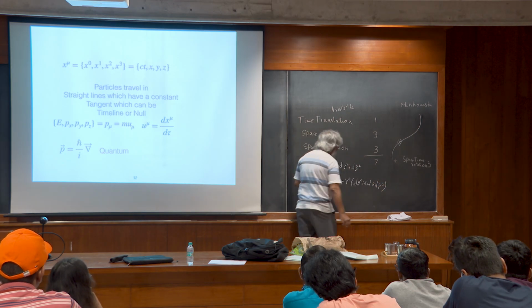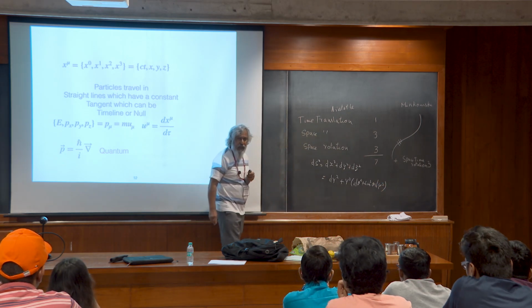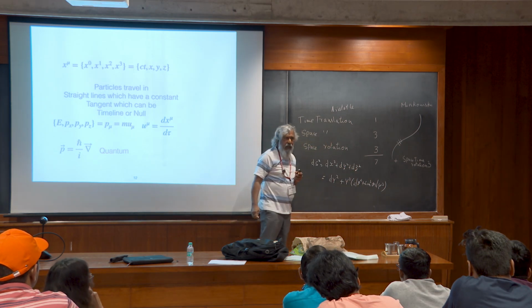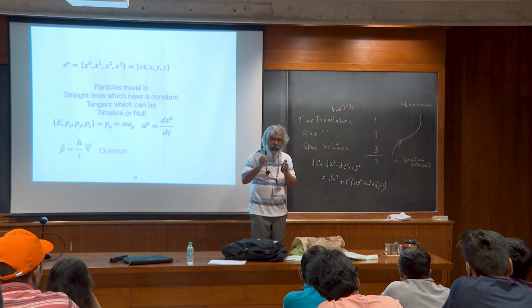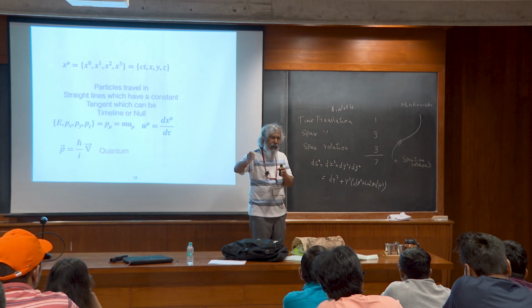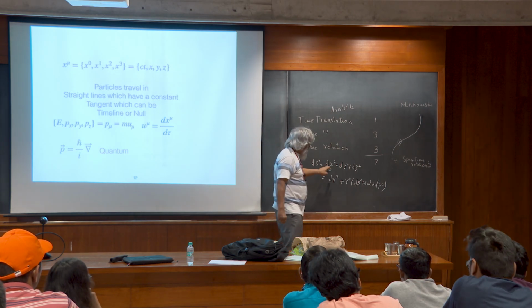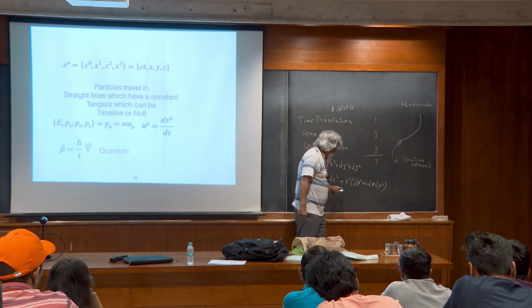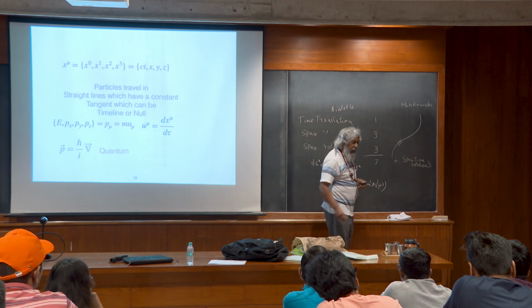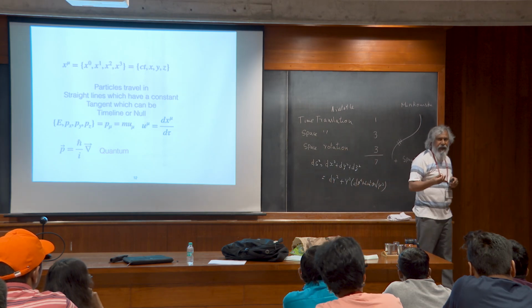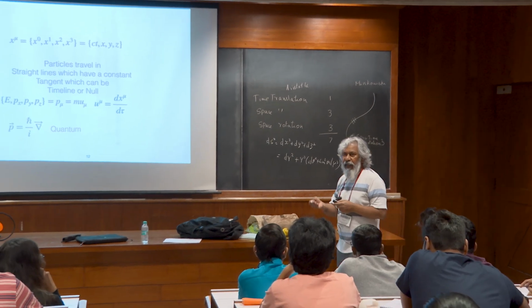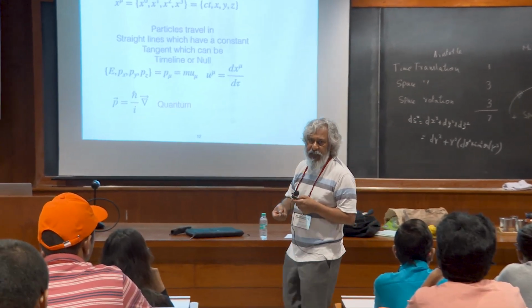These are spherical polar coordinates. In this case, the coordinates were doing a double role. They labeled the points, telling you which point is x equal to something, and they also measured distances. In this case, that is not true. R, theta, and phi label the points, but they don't measure distances. In fact, R has the dimension of distance, but theta and phi don't have the right dimensions for distance.